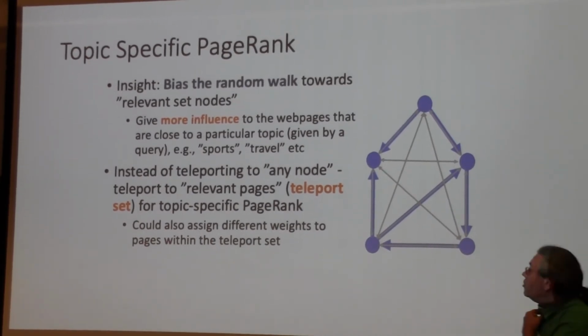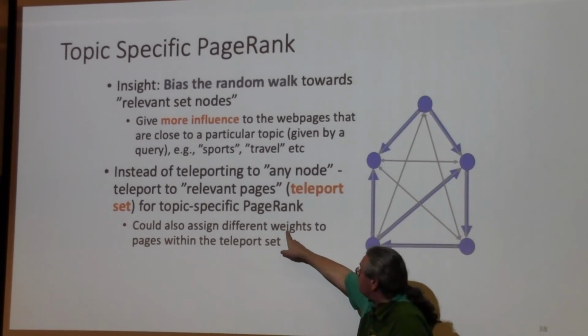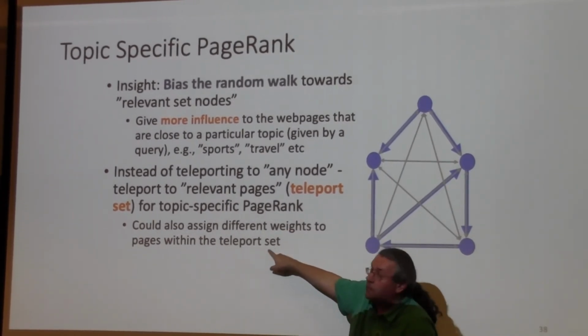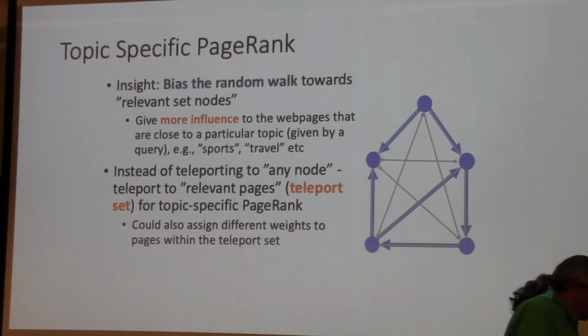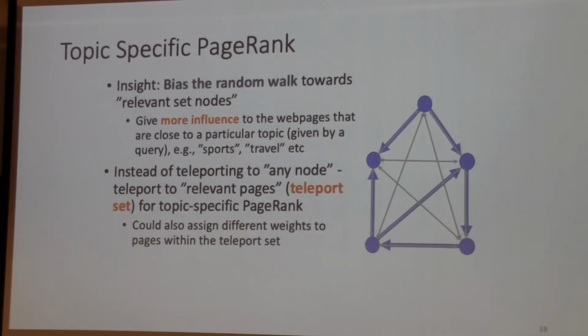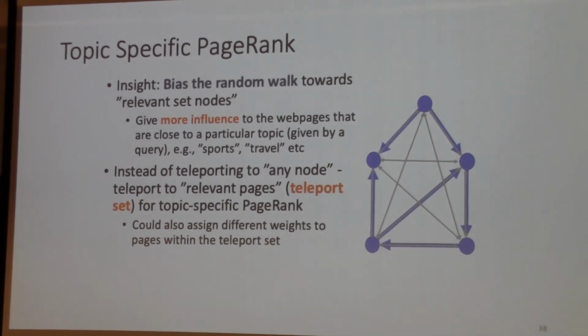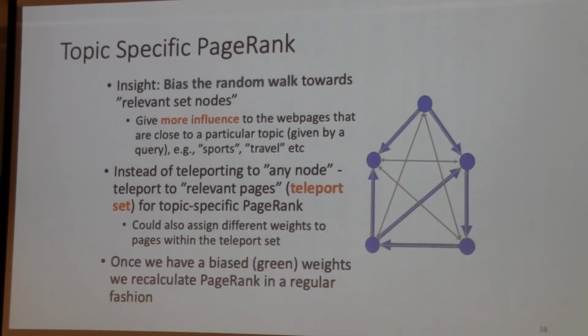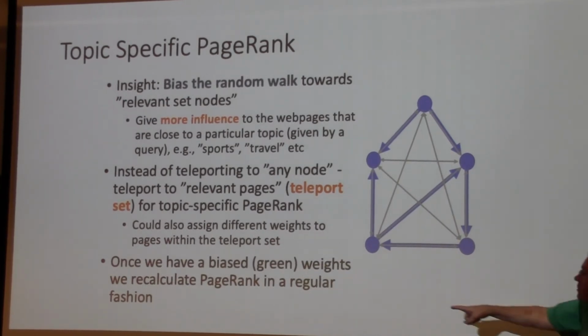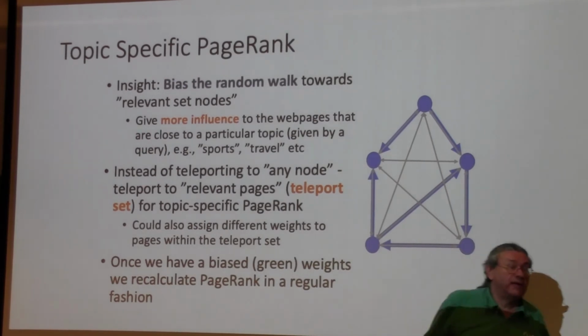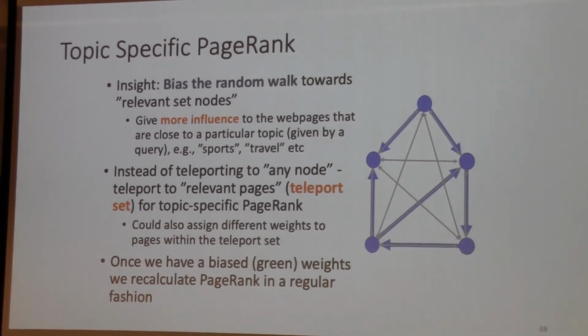Okay? You can even be smarter, you can even assign weights. You can have some pages that are doing sports are more important than others. So there's many ways, but basically the idea is you change the teleport set. Okay? And with that, then you do a regular PageRank calculation. So you really don't have to change the algorithm so much.